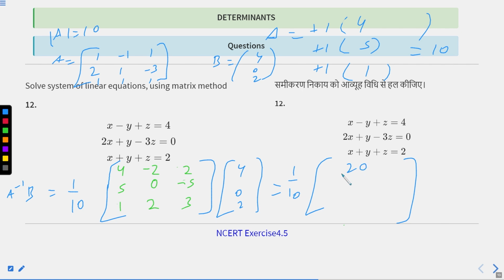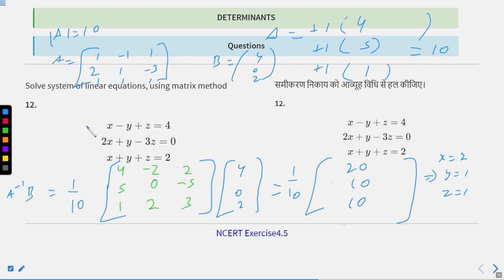So 20. Now for this, 20 plus 0 minus 10 will be 10. Now 4 plus 0 plus 6 will be 10. So from this you can say that x is 2, y is 1, z is 1.